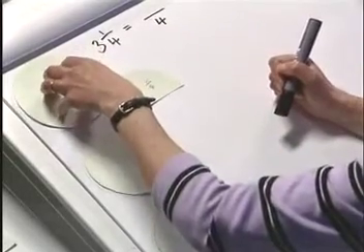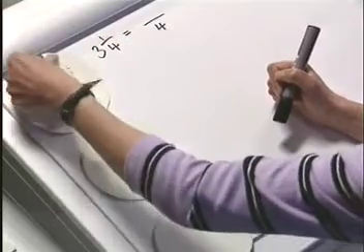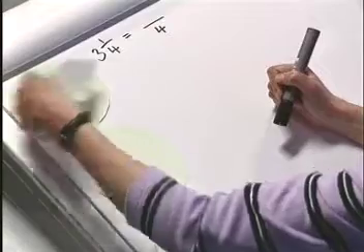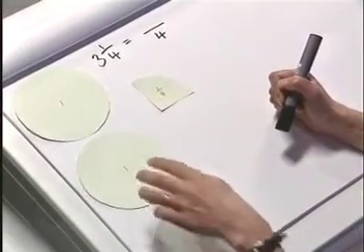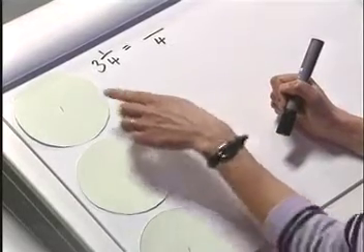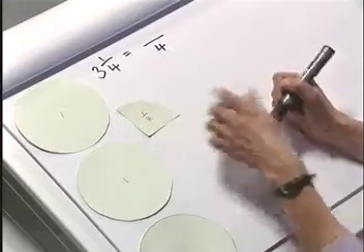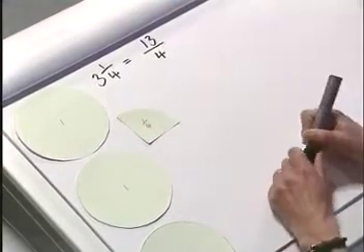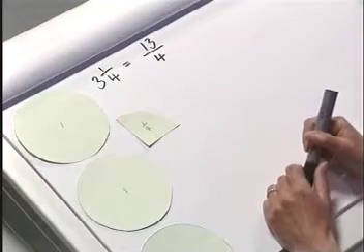So we have a whole one, and if we've split it into quarters, we know that a whole one needs 4 quarters. So we have 4 there, another 4 there, another 4 there, plus this 1. So we've got 3 4s, a 12, plus the 1 gives us 13 quarters. So 3 1/4 is exactly the same as 13 quarters.